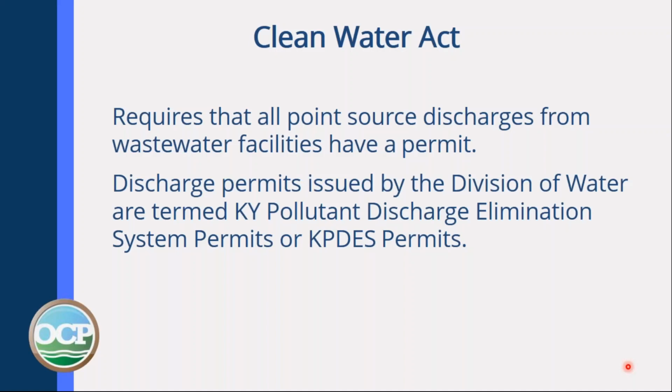What these permits allow you to do is discharge certain levels of pollutants into the bodies of water of the Commonwealth of Kentucky and set limits to what you can discharge into those receiving waters.